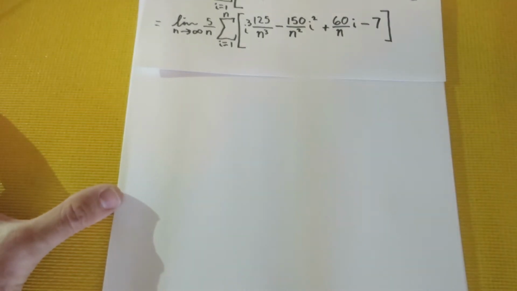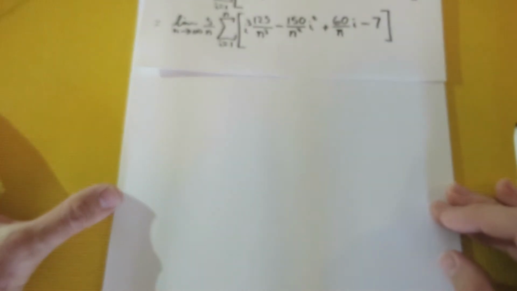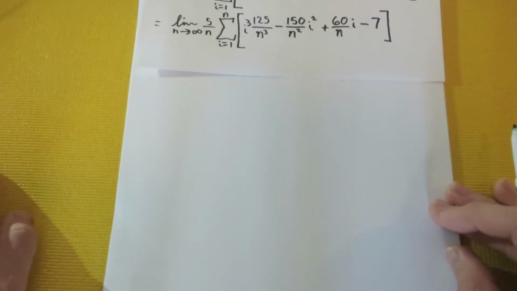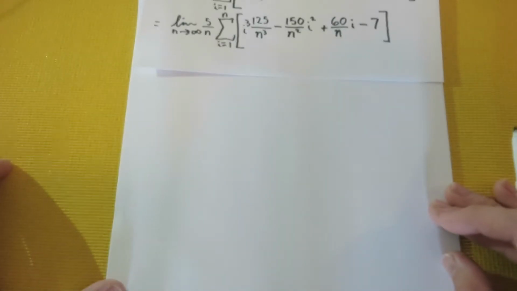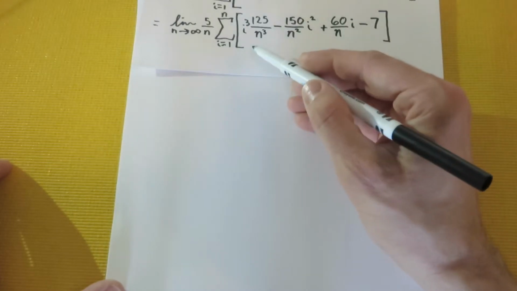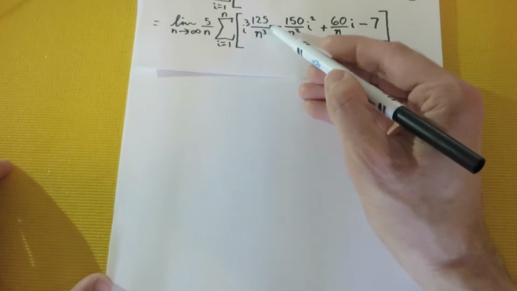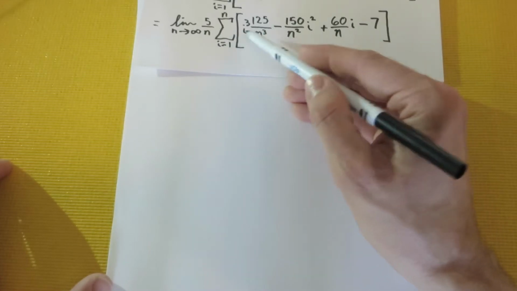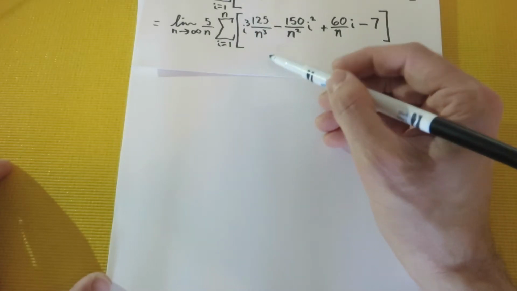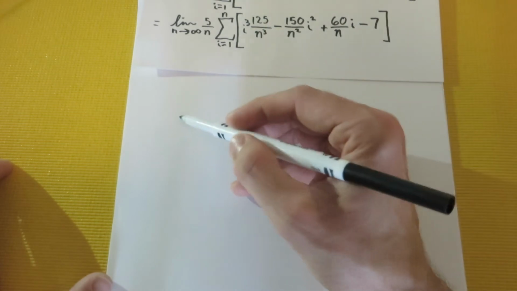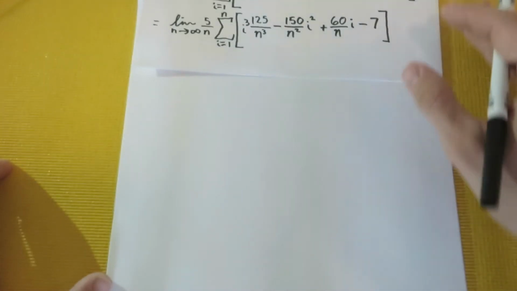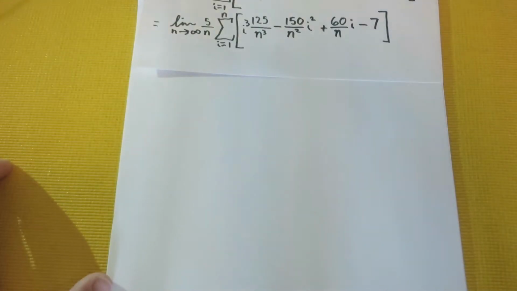Now what we can do is we can distribute our sigma notation to each one of these expressions, and then whatever constants that we have, including the n terms, we can just pull them out front of the notation there. So make sure that you can see well here.